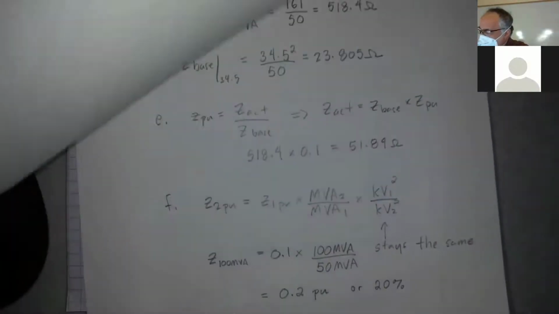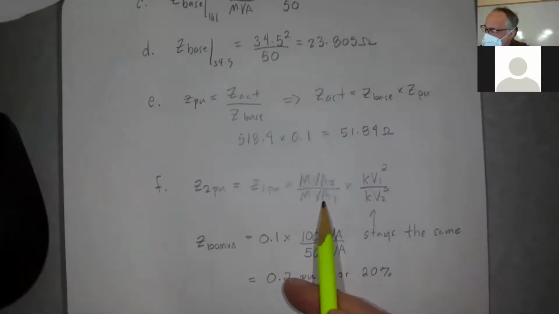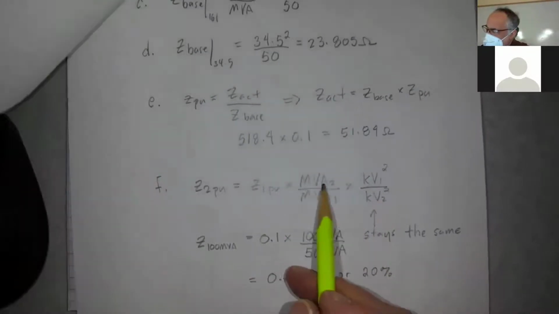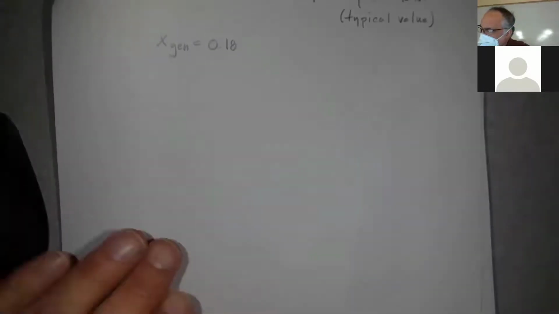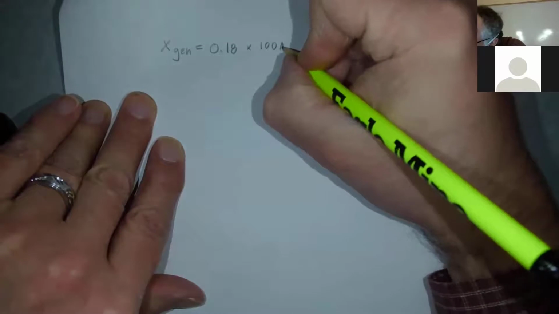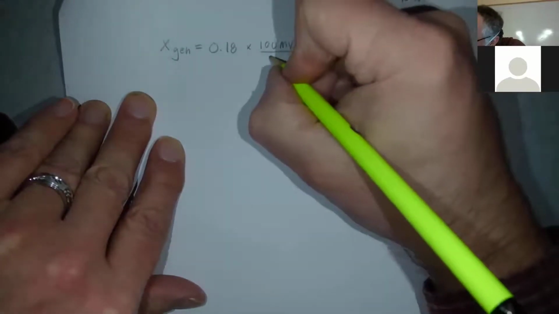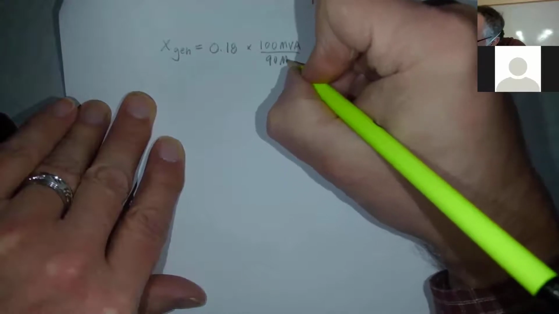And where's our formula here? Right here. MVA over MVA, kV over kV. So we're going to 100 MVA, right? So 100 MVA, that's our new base. And the generator itself is 90 MVA, right?